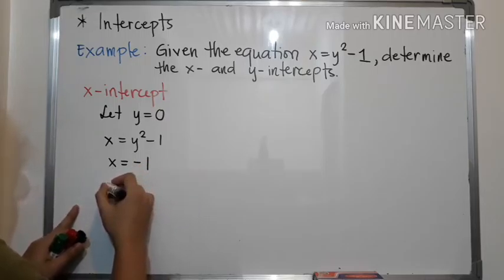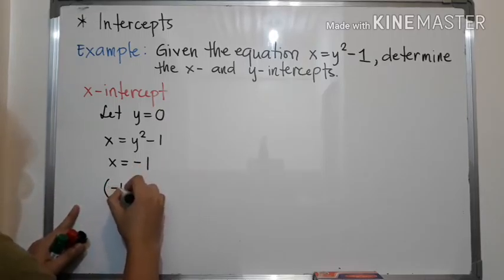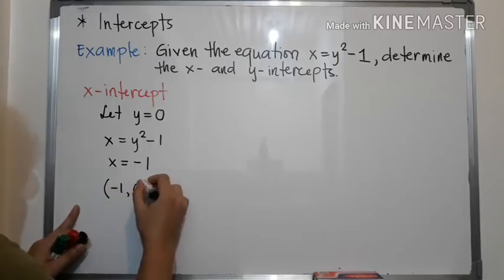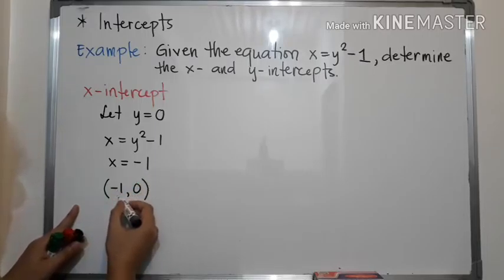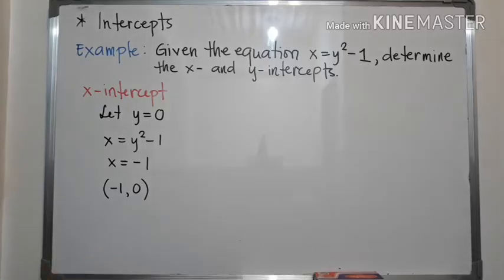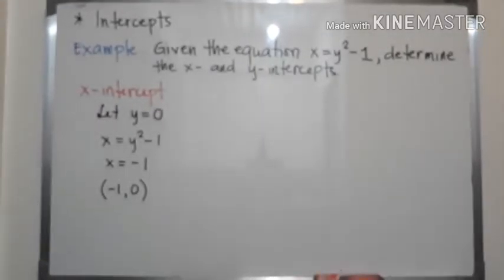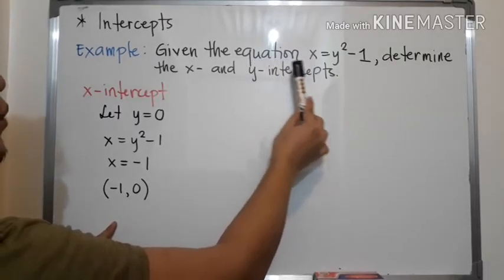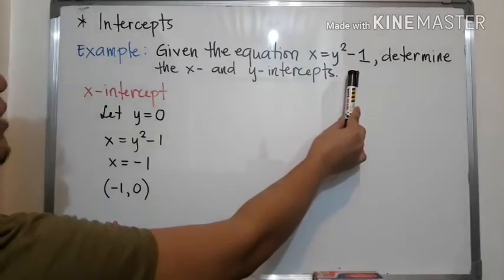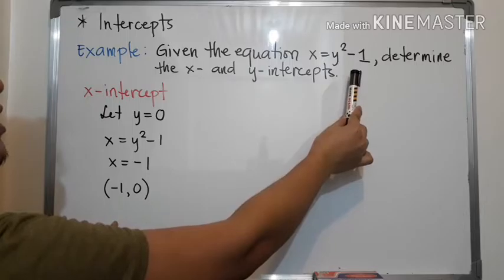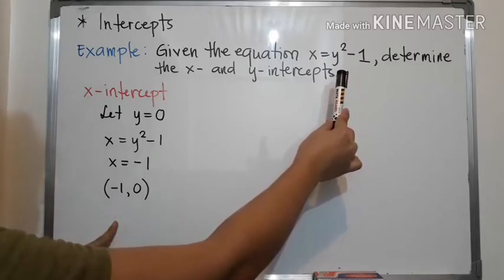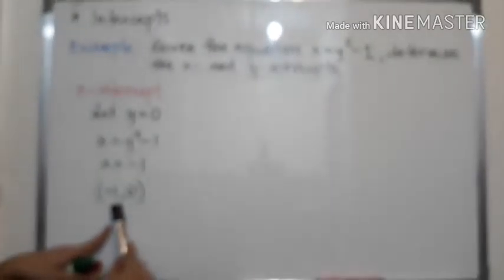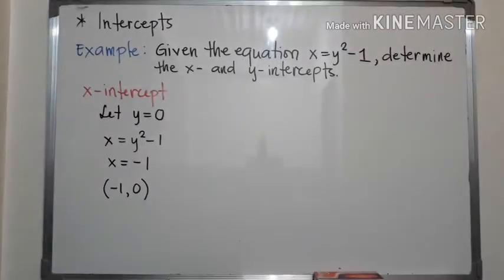That means the x-intercept is the point (-1, 0), or simply, negative 1 is the x-intercept. Meaning, the graph of this equation x equals y squared minus 1 intersects the x-axis at the point (-1, 0).